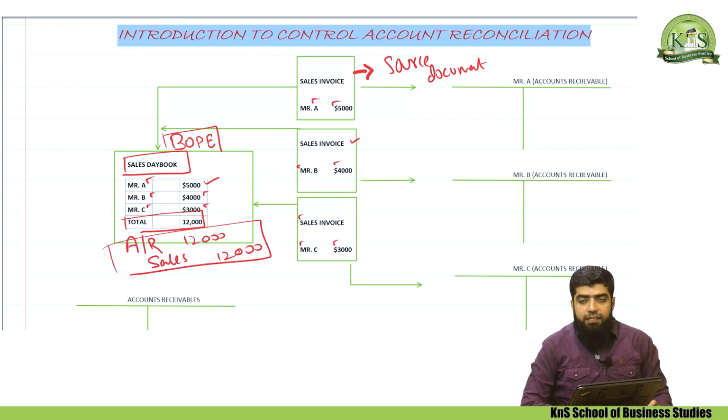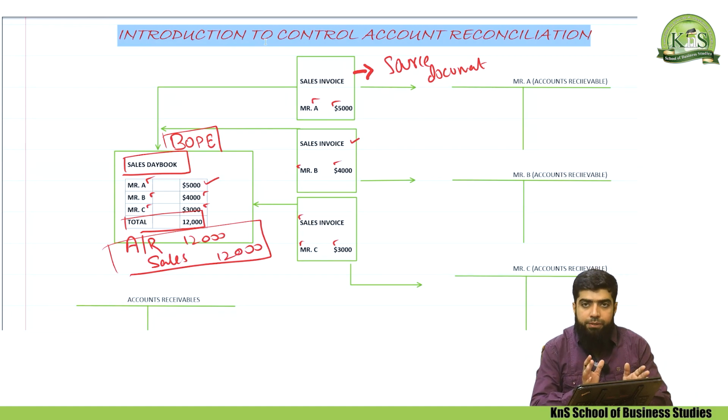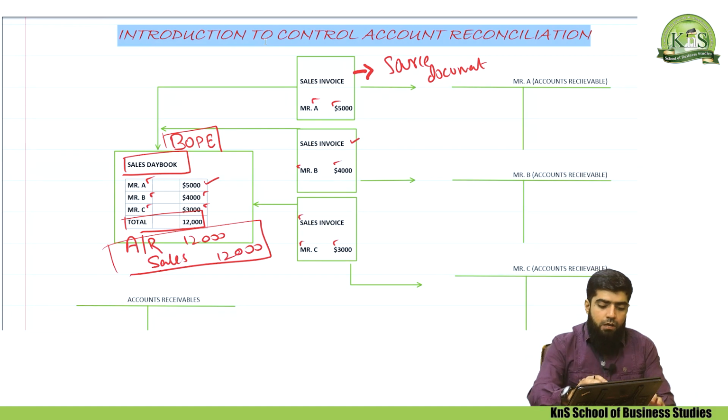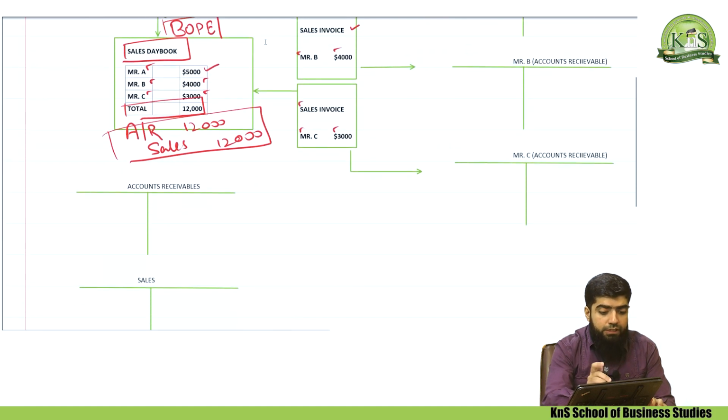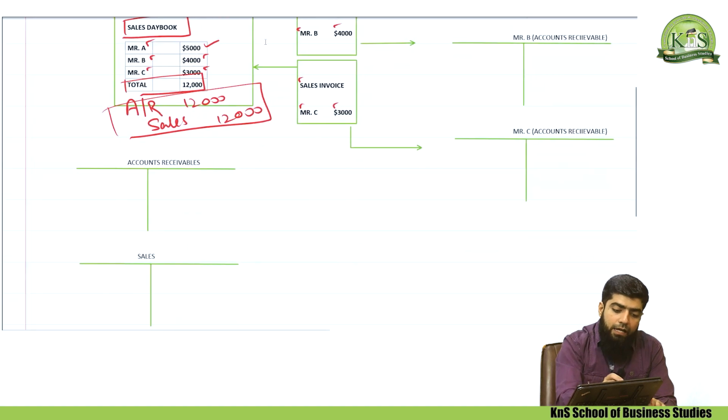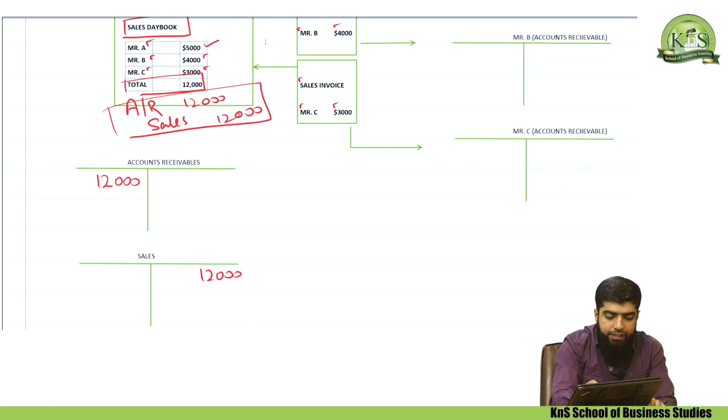So that is the sales day book which we have completed. Now what's next? That accounting entry will be posted into the ledger accounts: the account receivable will be debited by $12,000 and the sales ledger account will be credited by $12,000. This will be the ledger posting, obviously the second step.